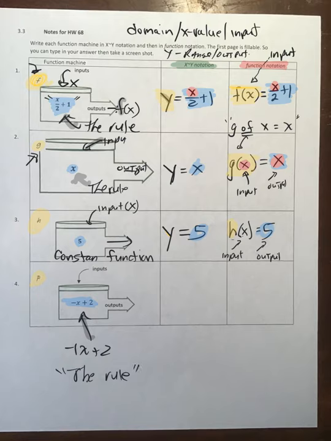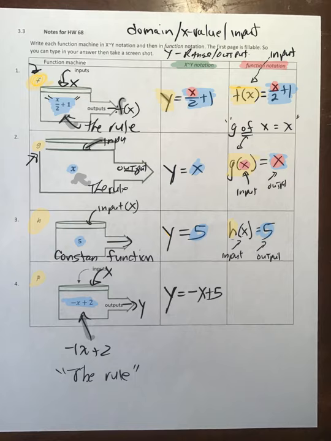So it could be called the equation, the rule. So remember, y is what comes out of the machine and x is what goes into the machine. So to get something out of the machine, you're going to do negative times whatever the input is and add 5. And that's called the XY notation.